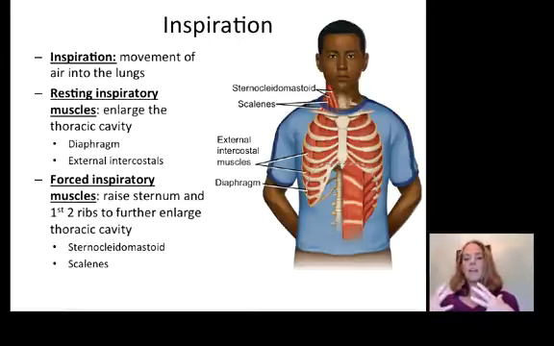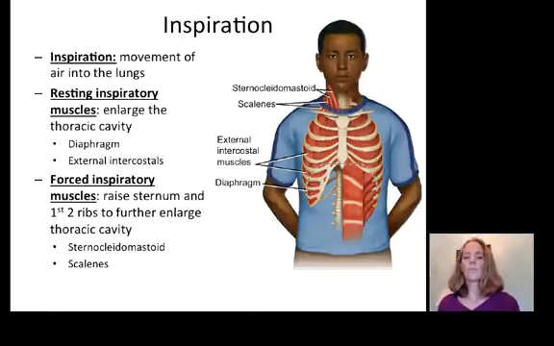When we expand the chest and open up the thoracic cavity, it creates a pressure gradient. I'm going to show that to you in a second, but for now, just remember, inspiration is expanding the chest. We use the diaphragm and the external intercostal muscles to do that.